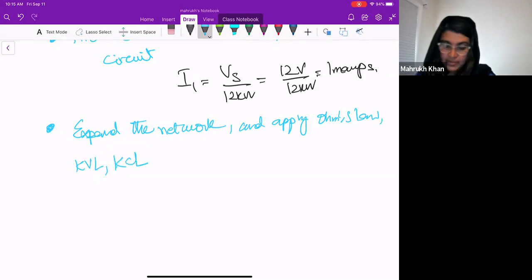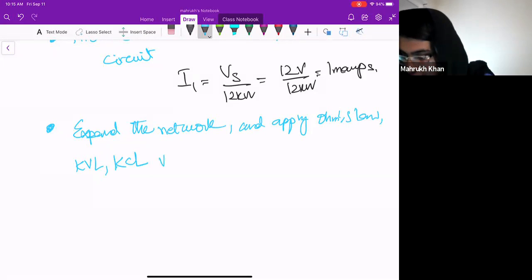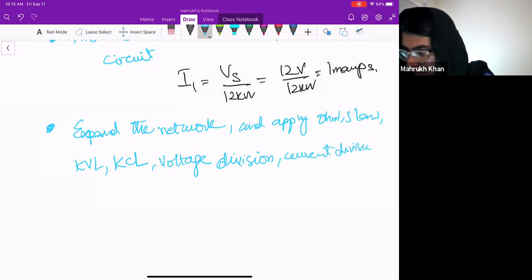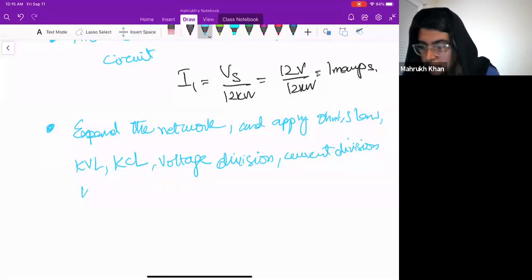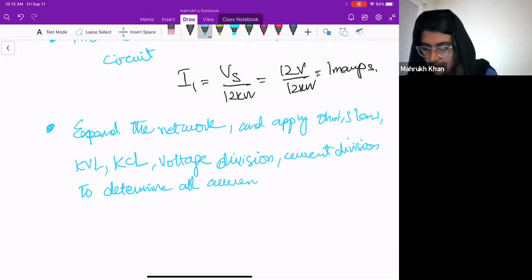What do you think can be applied? Voltage division, current division. These are all the possible scenarios we can encounter to determine currents and voltages. In this case, we have to find all the currents and voltages, so that's why we are doing this. Sometimes you don't have to find all the currents and voltages.